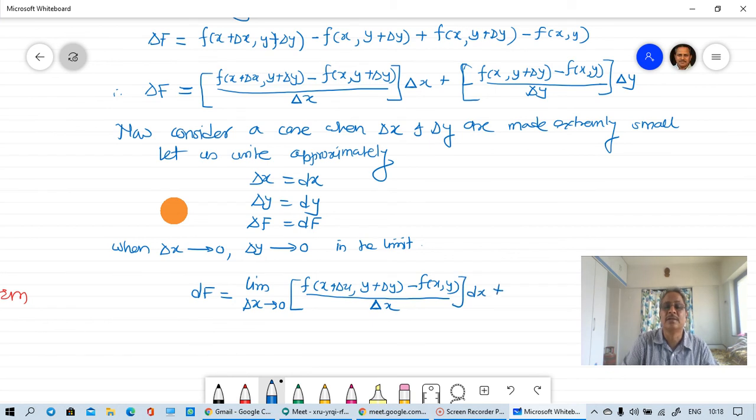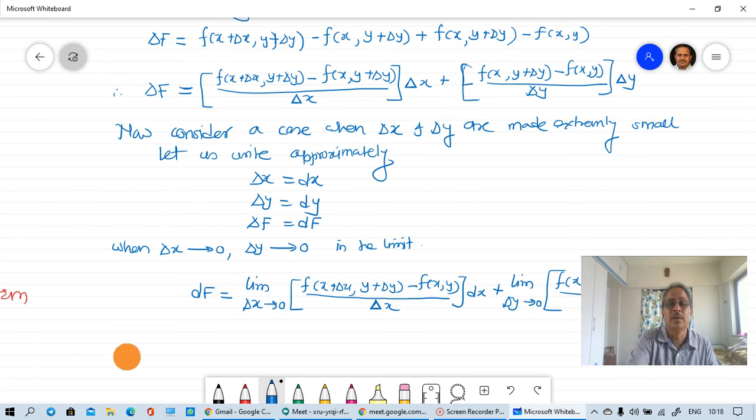Similarly for the next term, limit delta y tends to 0, bracket f of x and y plus delta y minus f of xy divided by delta y, into dy.